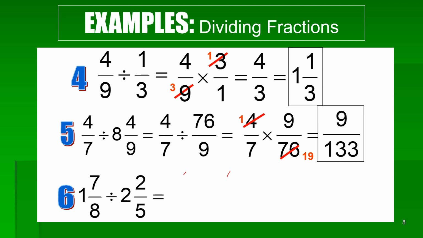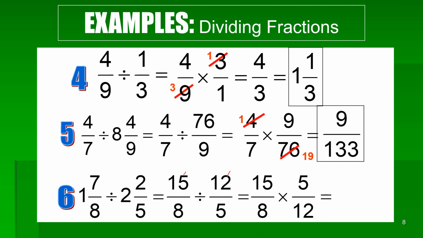Okay, so we have here 1 and 7/8 divided by 2 and 2/5. Okay, again. So we have 1 and 7/8 divided by 2 and 2/5. First, we need to convert into improper. So we have 8 times 1 is 8 plus 7, 15 over 8, correct? 5 times 2 is equal to 10 plus 2 is 12. Then next we copy and flip the second.